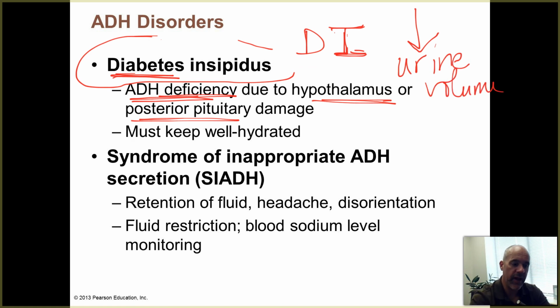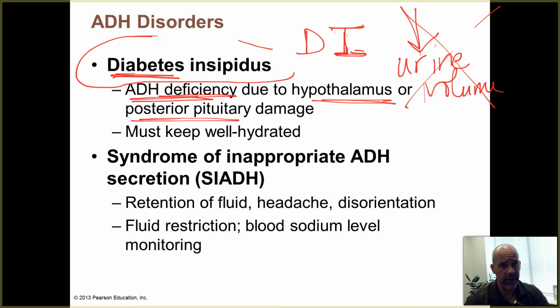If you don't produce ADH, then whammo, you're not going to be able to reduce your urine volume. Your urine volume is always going to be high. So the main symptom of DI would be excessive urination. Now what's that going to do to somebody? They're going to be dehydrated. If you're peeing out lots and lots of your body water, you're going to be dehydrated. It's going to be very difficult for you to stay hydrated.